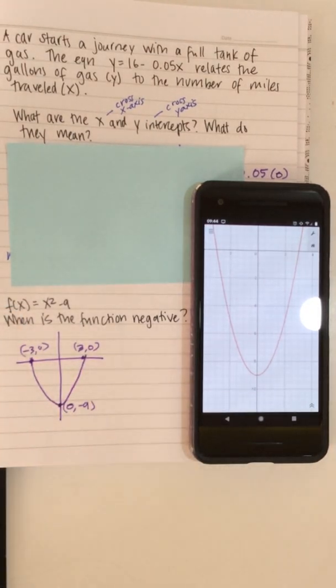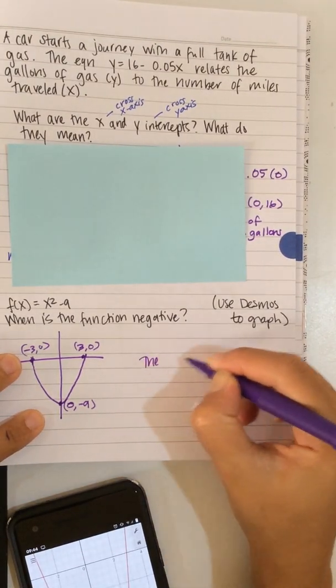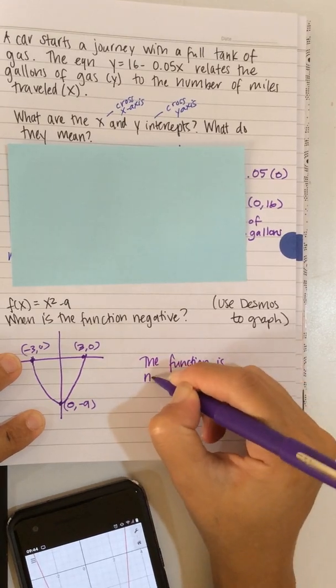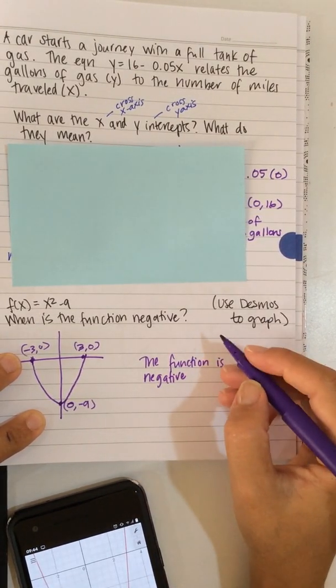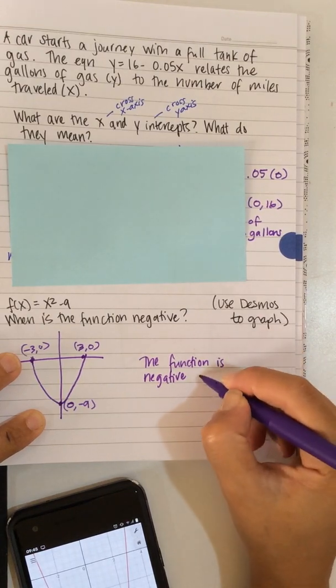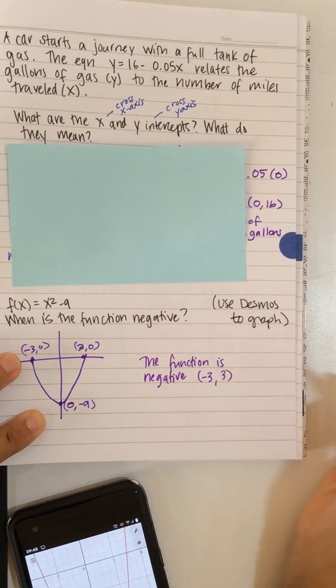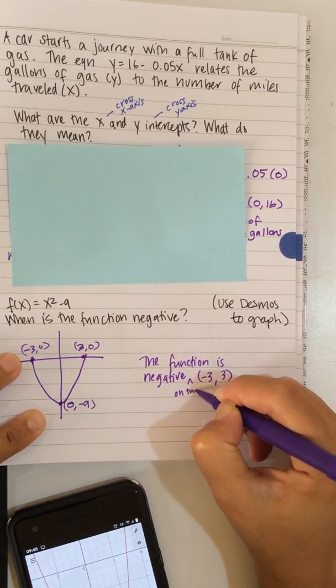So how could we write when it's negative? So we could say the function is negative, and we can use interval notation to say -3 to 3. I'm just going to put here on the interval.